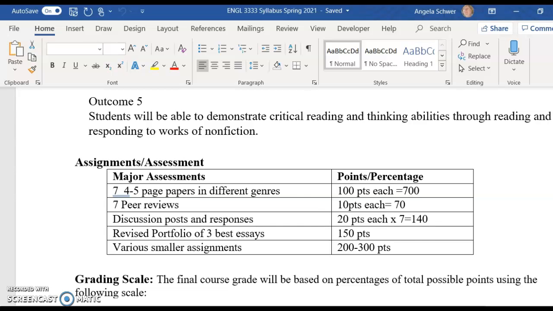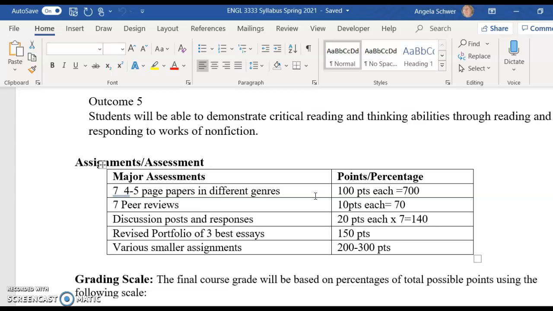Here are the assignments. There will be 7 major papers in different genres. I'm thinking pages of 4 to 5, 12-point font typed in length, each worth 100 points. Peer reviews, 10 points each for those, and you'll do that every other week.